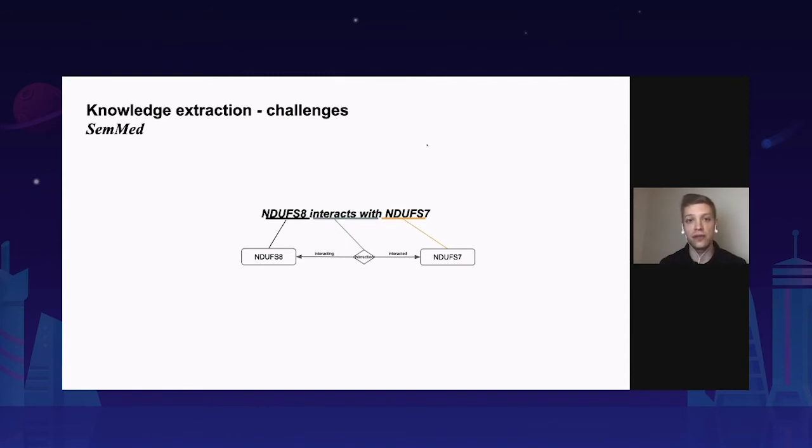For genes, there are, I think, about 18 different predicate types, so we just defined 18 relationships between genes and then mapped them accordingly. As you can see in here, NDUFS8 will be a gene, NDUFS7 will be another gene, and the interact-with relationship between them will be an interaction.